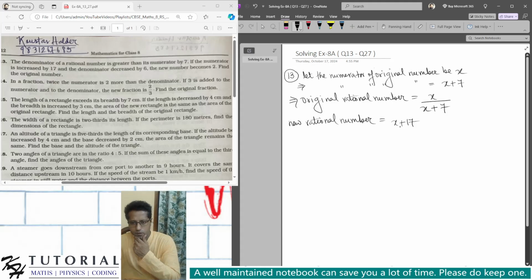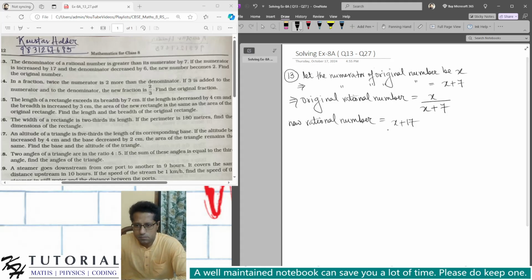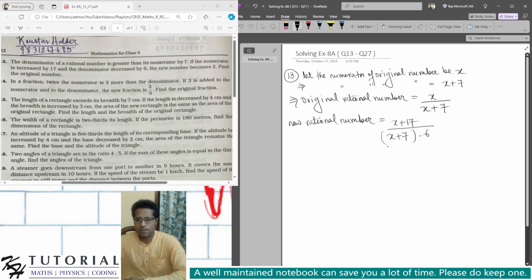So the numerator of the new rational number becomes x plus 17, and the denominator in the original was x plus 7, and now in the new number it has been decreased by 6. It is given that the new number is equal to 2. So we can say that x plus 17 divided by x plus 7 minus 6 is equal to 2.